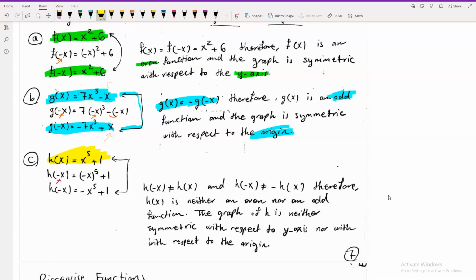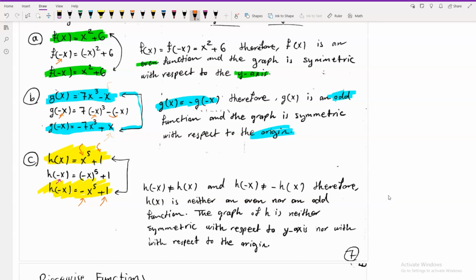Comparing these two, on top we have positive x to the fifth power, but here we have negative x to the fifth power. Here we have positive 1, and here we have exactly the same thing.